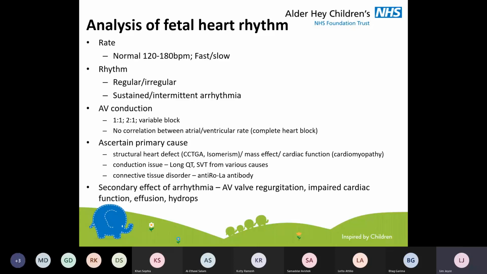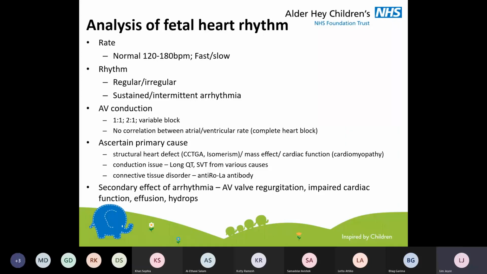If you have a mass effect, either from an external mass or within the cavity of the heart itself, for example rhabdomyomas or fibromas or other forms of masses, it might irritate the heart and therefore lead to cardiac rhythm problems. If you have cardiomyopathy, a poorly functioning heart and whatnot, the heart rhythm might be quite irregular and quite unusual.